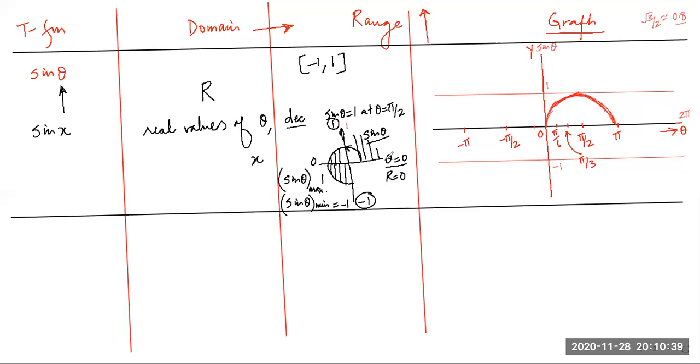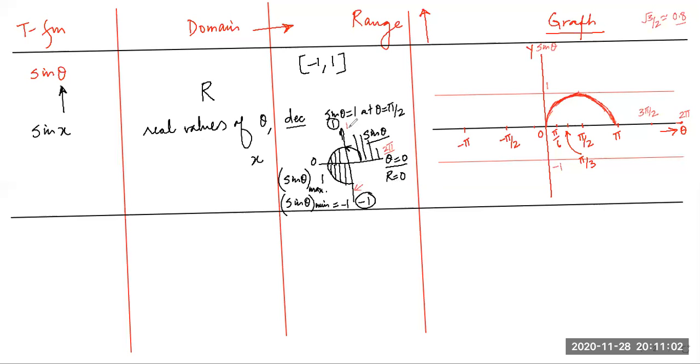What is the value of sine at 2 pi? 0. Again 0. So the point will be here. And what about this point? Between pi and 2 pi, what point is it? Can you tell me? It will be 3 pi by 2. This point is 3 pi by 2.